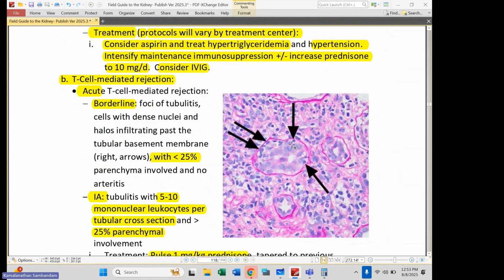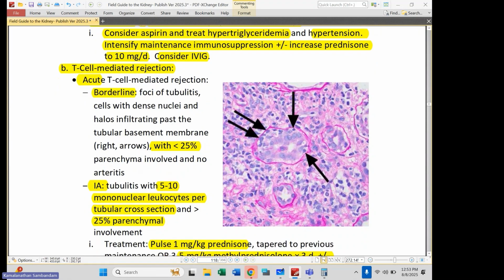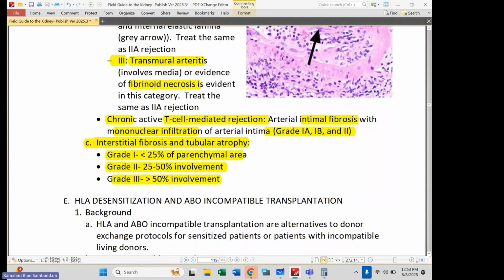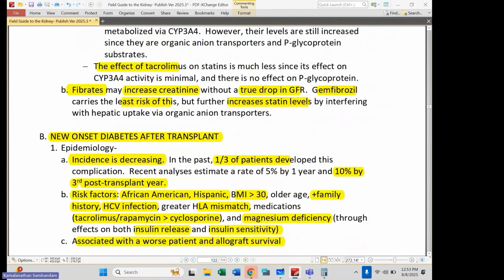Okay, if I have BK nephropathy, I'm going to have an even larger cell, a nucleus, I should say, that's larger than that tubular epithelial cell nucleus. And then again, it might have this intranuclear inclusion that I can even see on light microscopy. Okay, that would be the appearance of a BK infected epithelial cell.